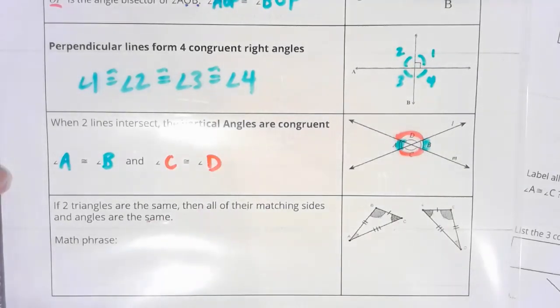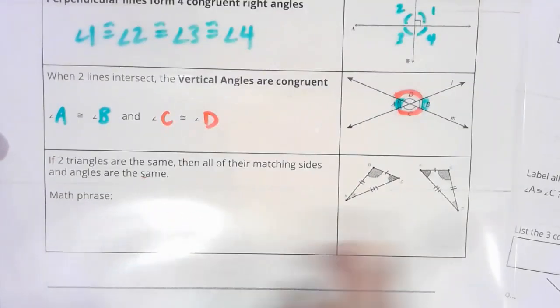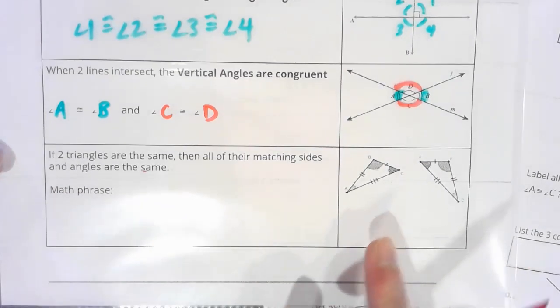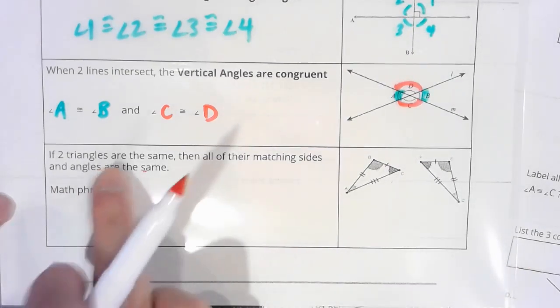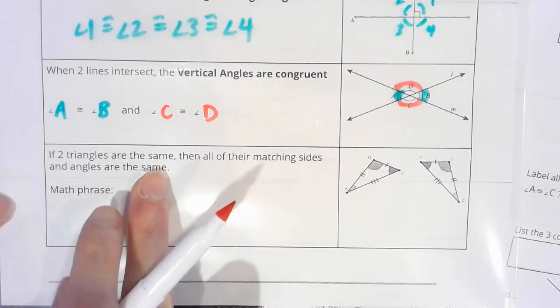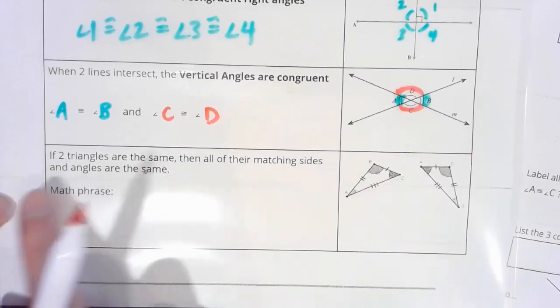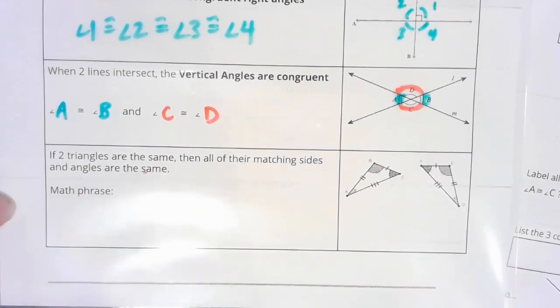Those are vertical angles. Last one, and this is a review because we're going to be using it again today. If two triangles are congruent, then all of their matching sides and angles are also going to be the same.